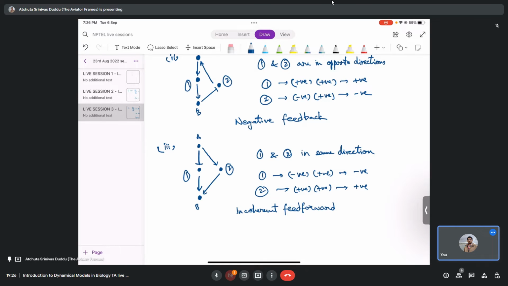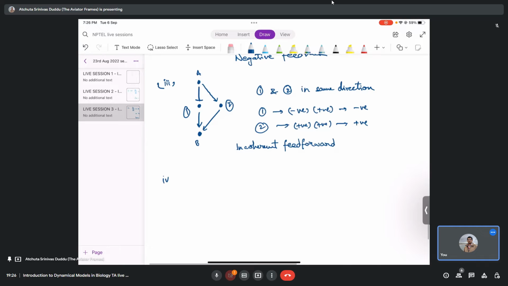Next, for the fourth one, we have the network given as follows. 1 and 2 are in opposite directions. So this is a feedback loop.